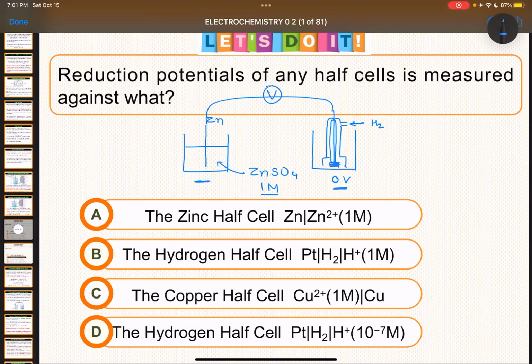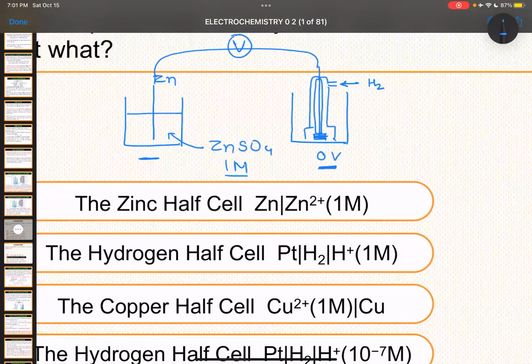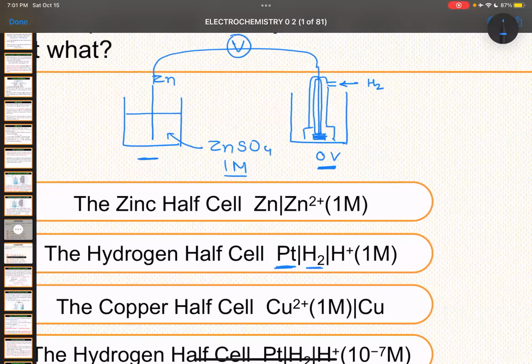So the standard hydrogen electrode is used to measure. The standard hydrogen electrode is the platinum electrode in which hydrogen gas is bubbled, in H plus solution with 1 molar concentration. And the temperature is also given, that is 298 Kelvin, 25 degrees Celsius.